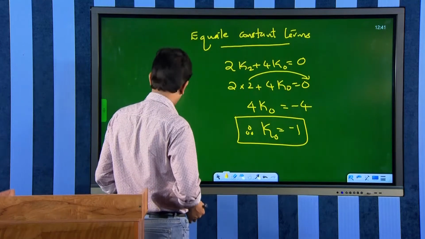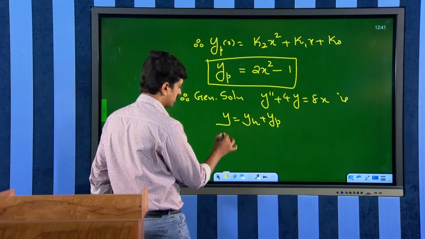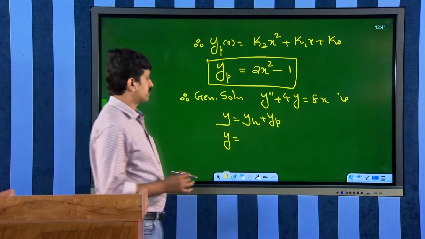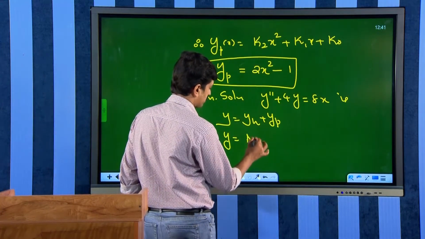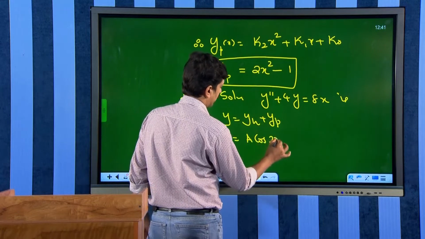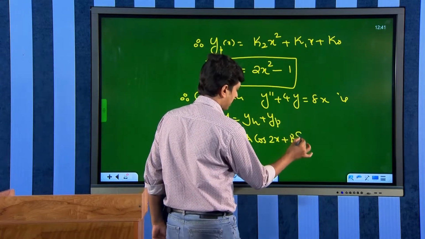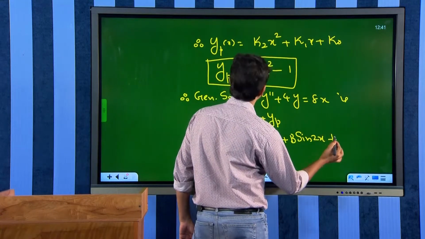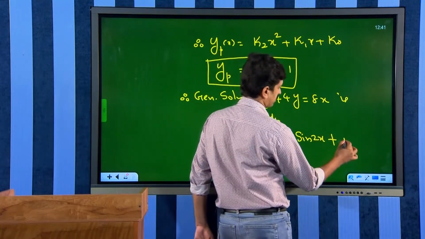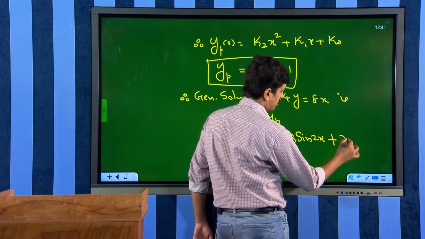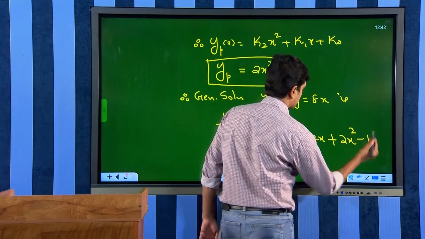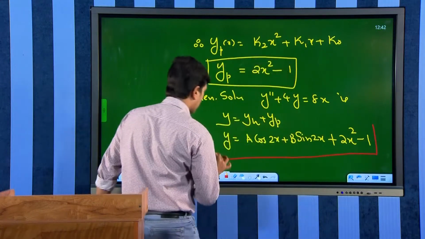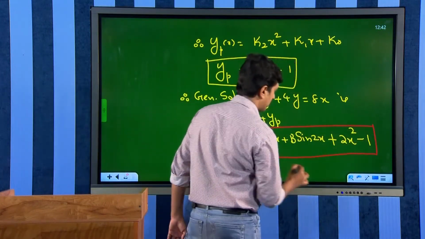Dear students, finally we arrive at the general solution: y is equal to a cos 2x plus b sin 2x plus 2x square minus 1, which is the general solution of the given non-homogeneous linear differential equation.